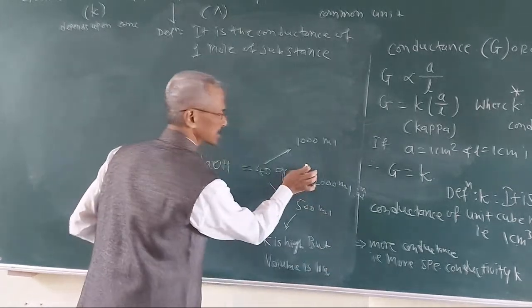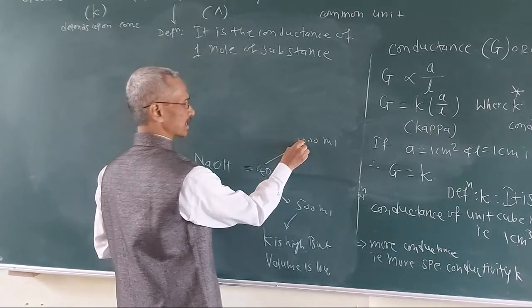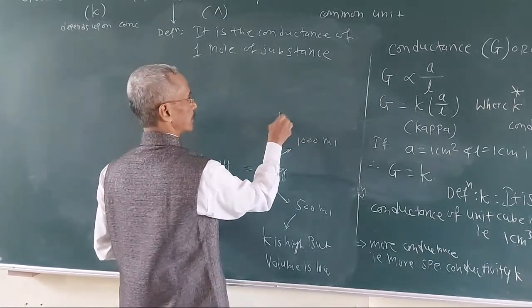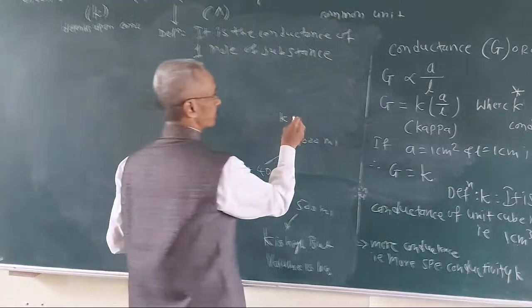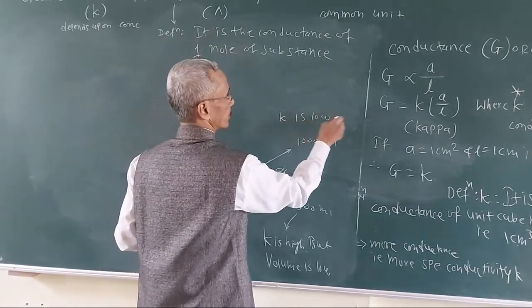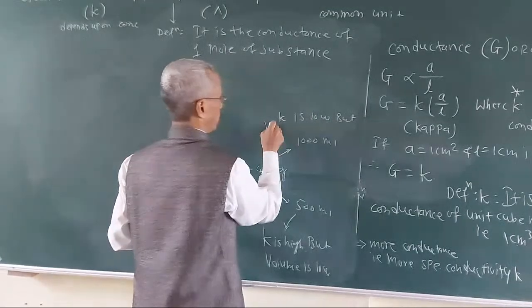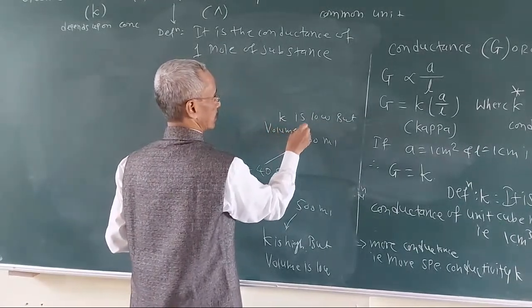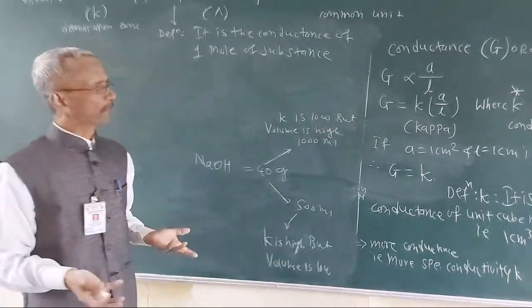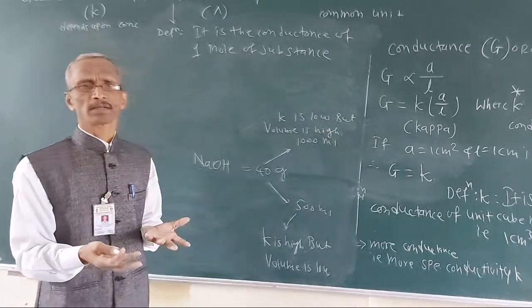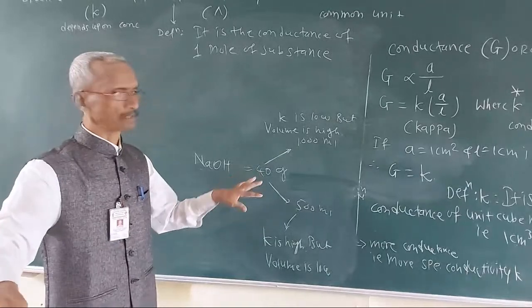If you consider the extreme case, where the kappa, the specific conductivity, is low, the volume value is high. What happens with an increase or decrease in the concentration?